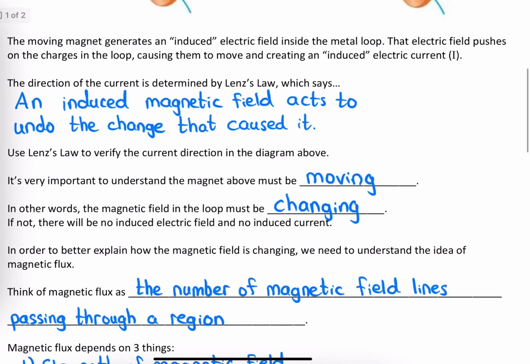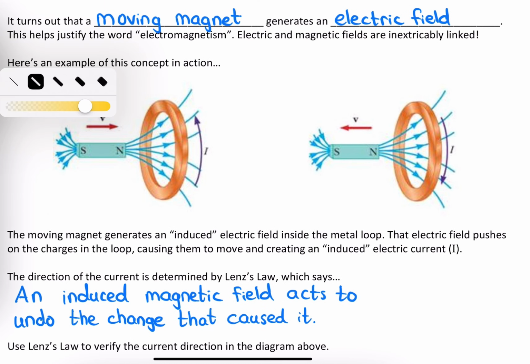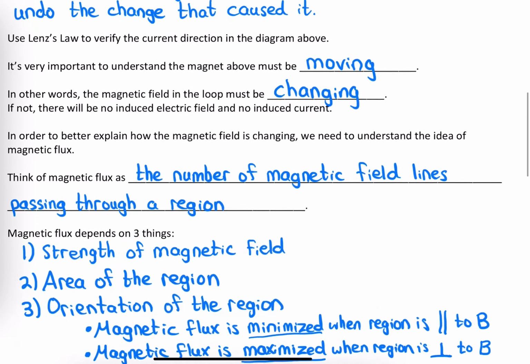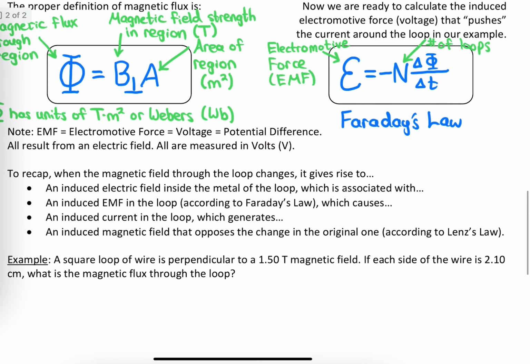So if you look back here, in this case our change was that as this magnet moved to the right, there were more and more right arrows through my ring. So the induced EMF, the induced current, created a magnetic field going to the left that opposed those right arrows, that opposed that change. That's what this negative sign does here.